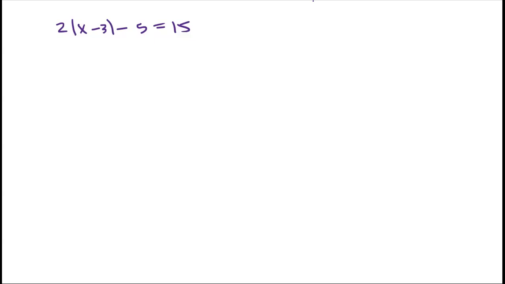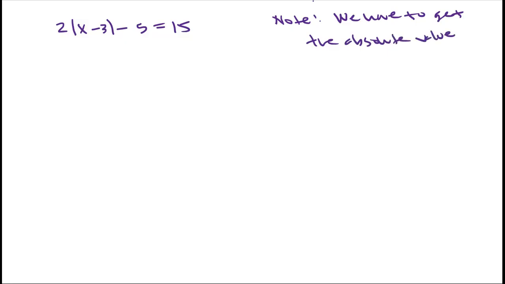Okay, so before you start applying the rule, note, we have to get the absolute value by itself.